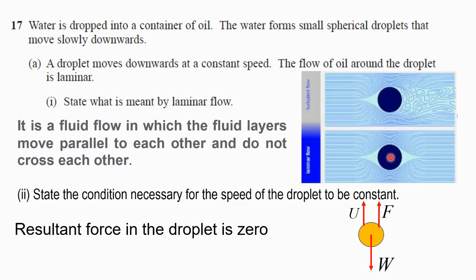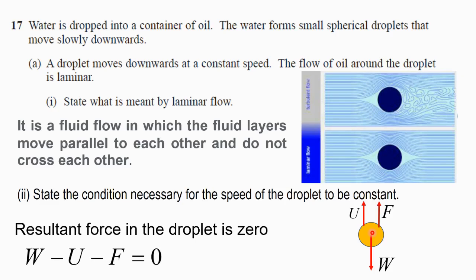If the sum of the upthrust force and the viscous force is equal to the weight, then there is no resultant force. That means there is no acceleration acting on the droplet, so we get the motion of the droplet at constant speed.